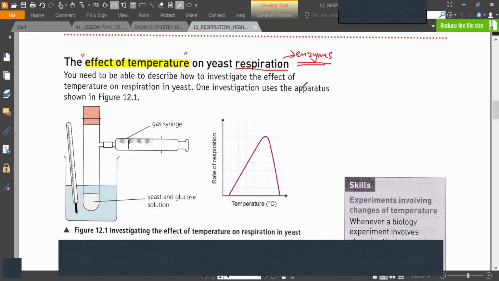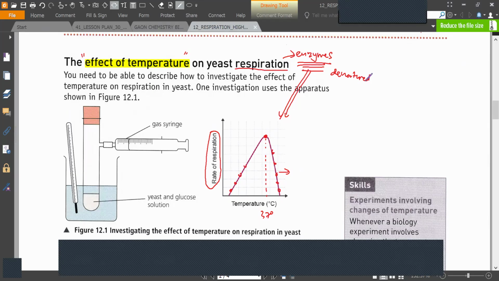So the effect of temperature is the same as the effect on enzymes. At low temperature, the rate of respiration is also low. Around 37 degrees Celsius we get the optimum temperature for respiration. After that, the rate decreases quickly because the enzymes will be denatured if the temperature is too high.